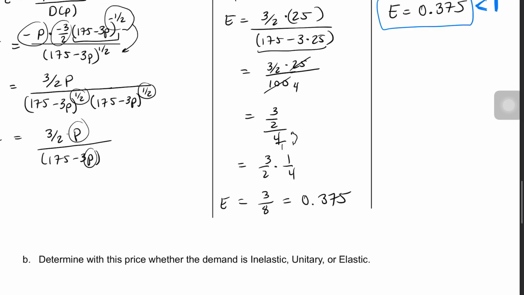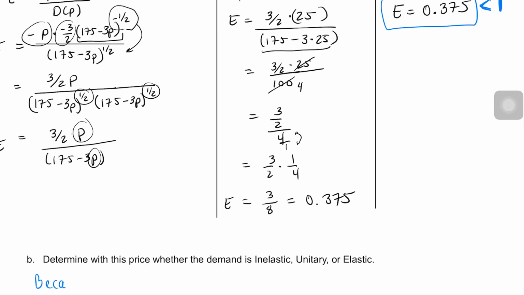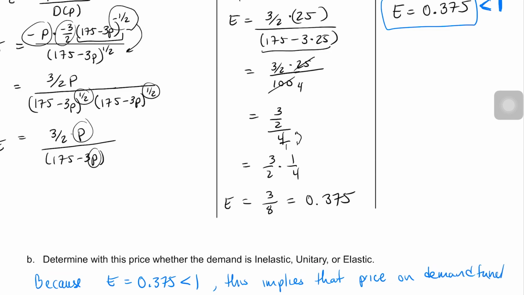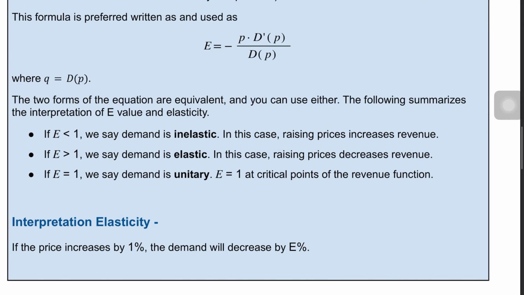Well, because E is equal to 0.375, which is less than 1, this implies that the price on this demand function is inelastic, and we can see that on the table.